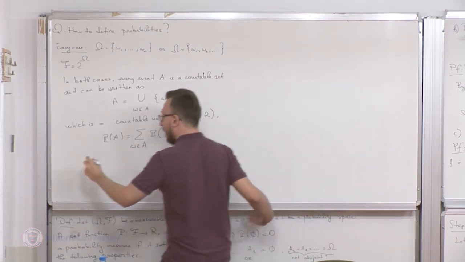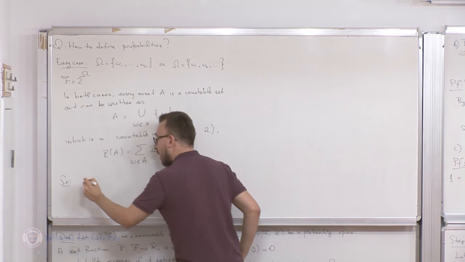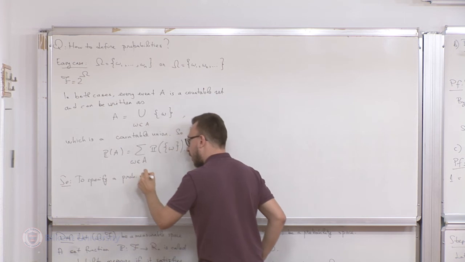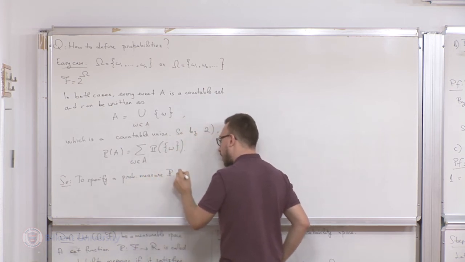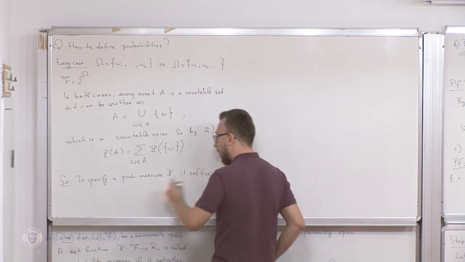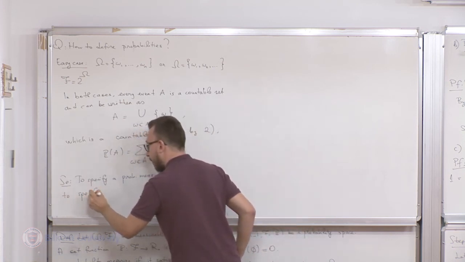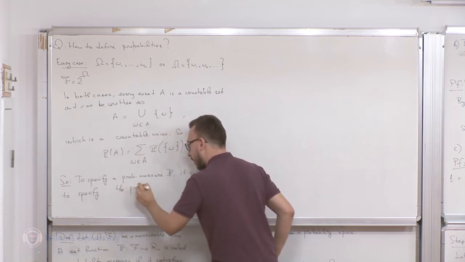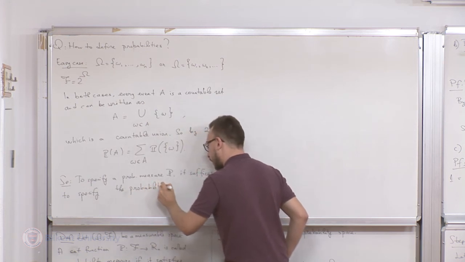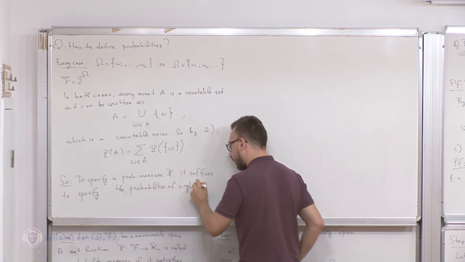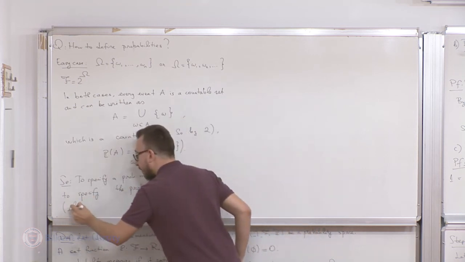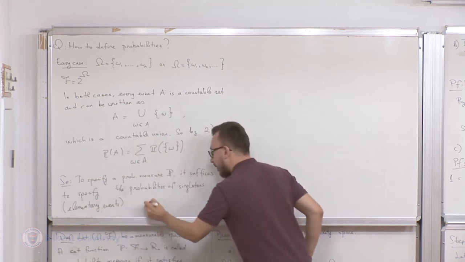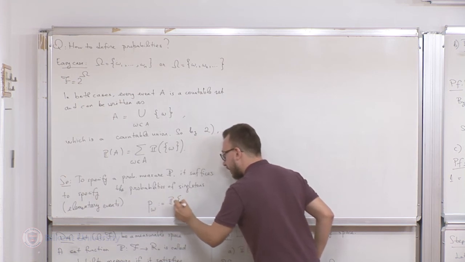So the message is that to specify a probability measure P, it suffices to specify the probabilities of singletons, sometimes called elementary events. Let's call them P omega, which is the probability of the singleton event omega.